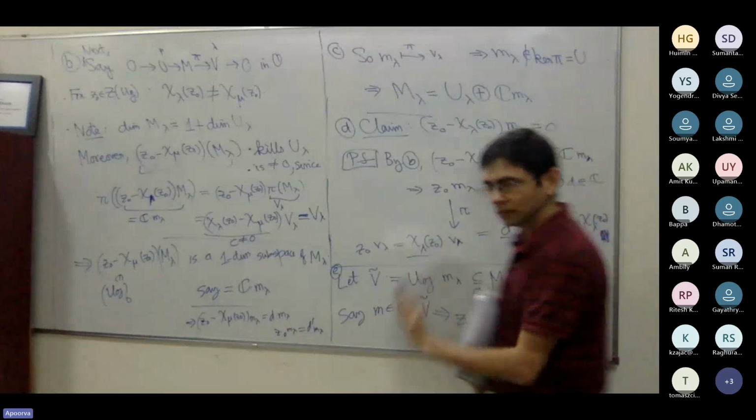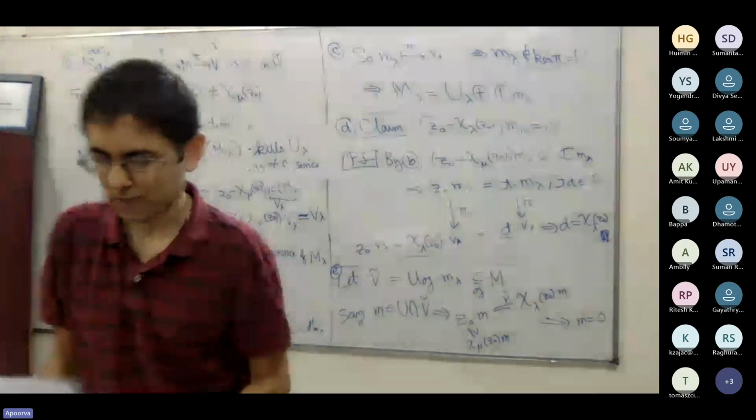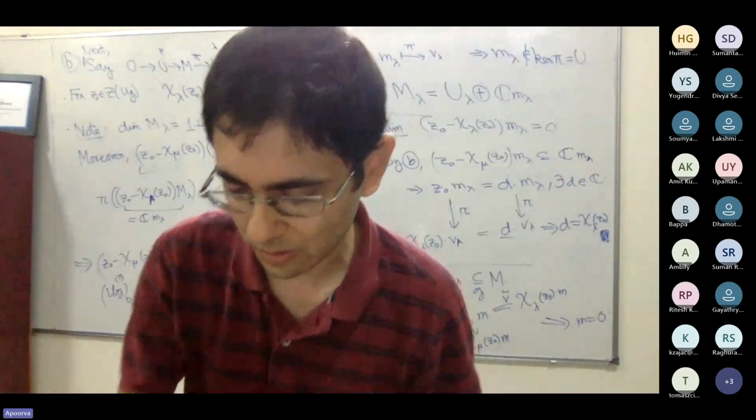So certainly the modules are disjoint, disjoint except at zero, obviously.